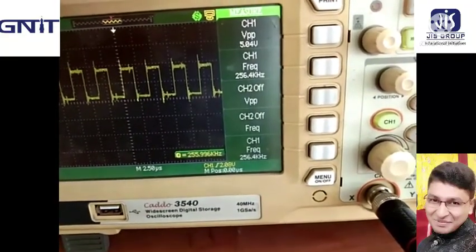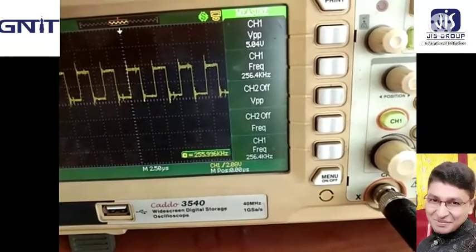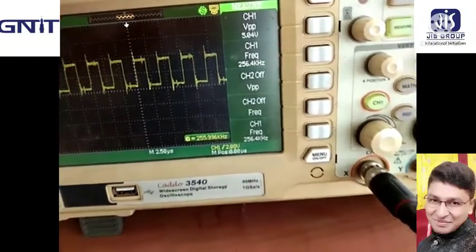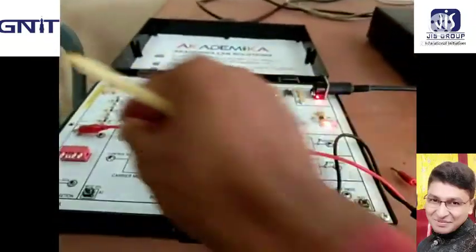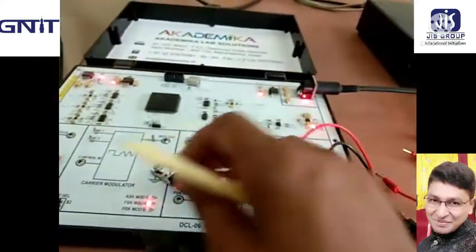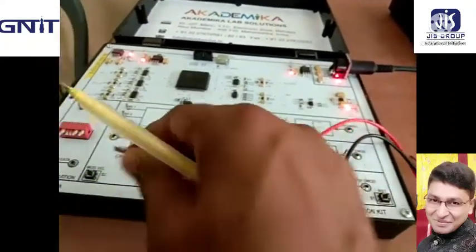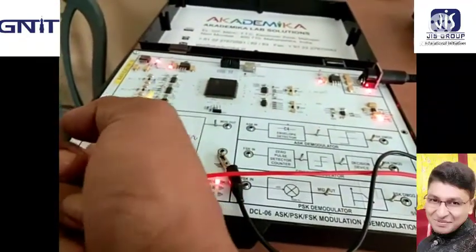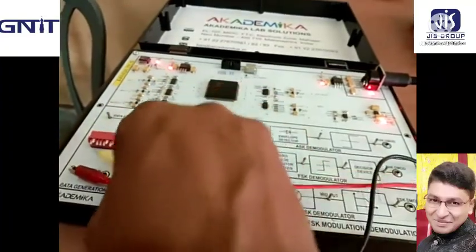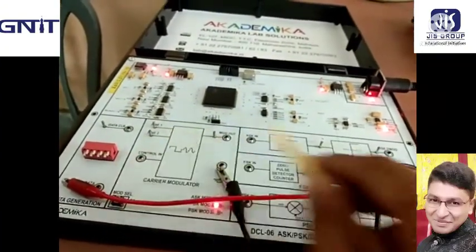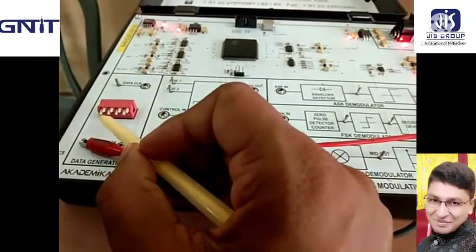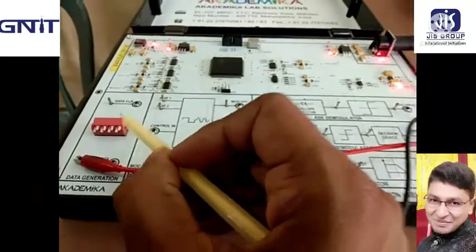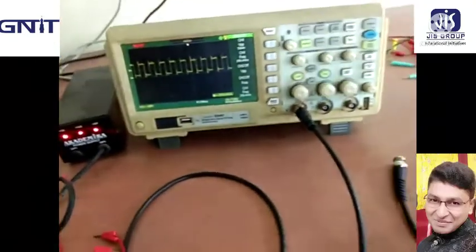Amplitude is 5.04 volt and frequency is 256.4 kilohertz. Now measure the data signal. Black cable also grounded and red cable touches the serial data. And on the selector switch or input switch, select 1 0 1 0 1 0 1 0 like this and press auto.